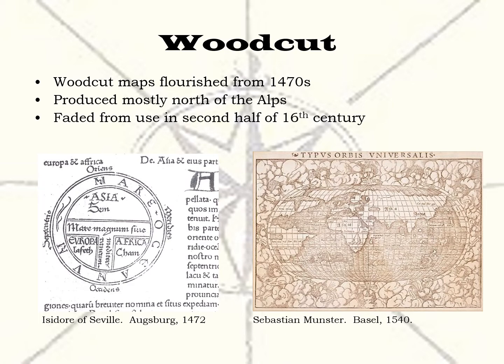Woodcut maps were produced mostly north of the Alps, in the Rhine Valley, Bavaria, and Swabia, and they flourished from about the 15th until the middle of the 16th century. After that time, they began to fade from use, though some did occasionally appear in the following centuries.